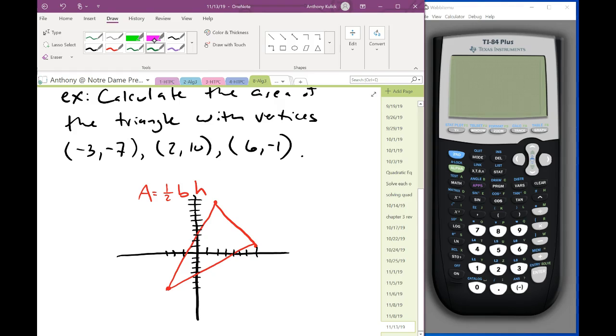Which one of these sides is the base? You're saying this one here? No? This one? Okay, sure. Any of them can be the base. Then what's the height?